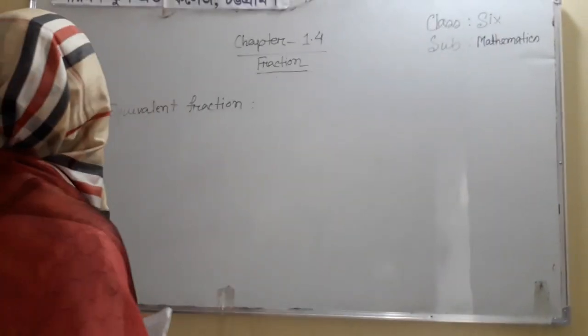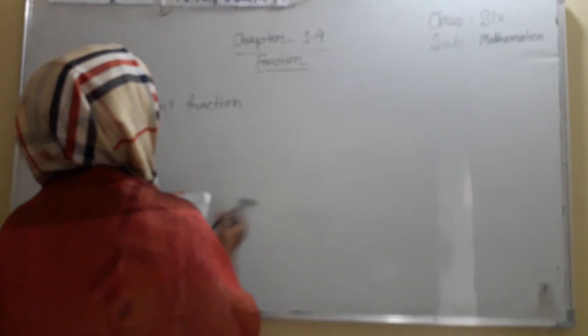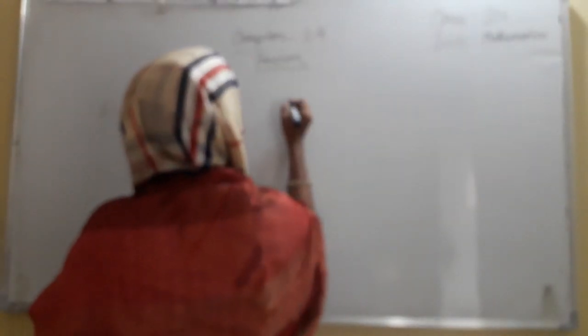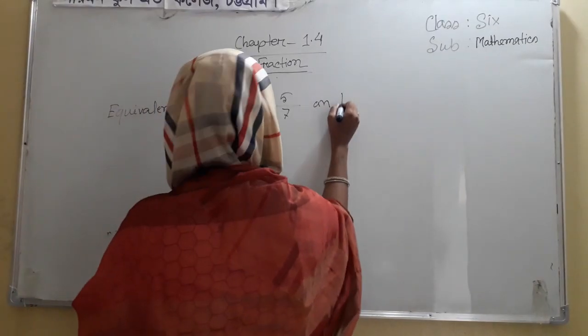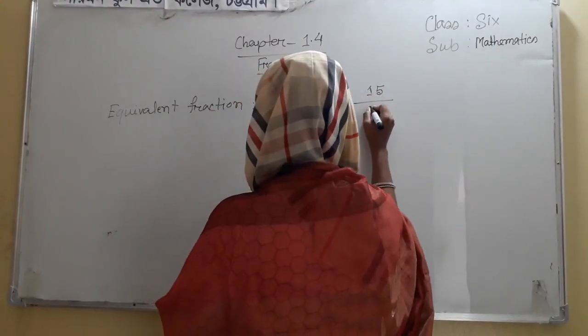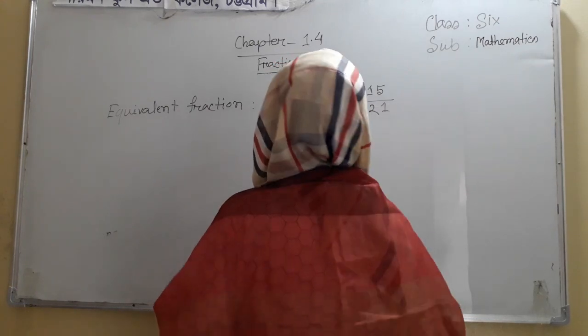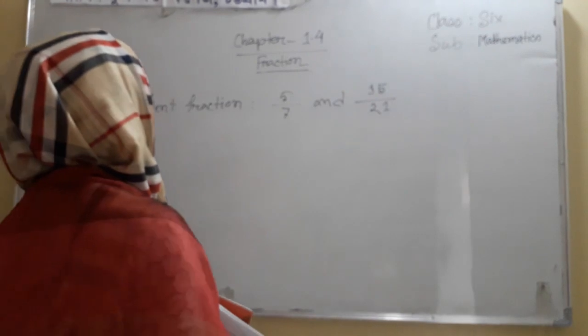To determine equivalent fraction, we need two fractions. Here I have two fractions, 5 by 7 and 15 by 21. Now I determine whether 5 by 7 and 15 by 21 are equivalent fractions.